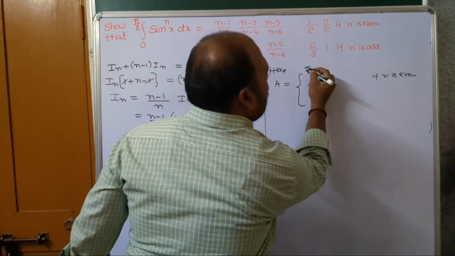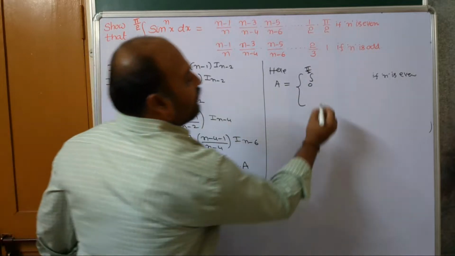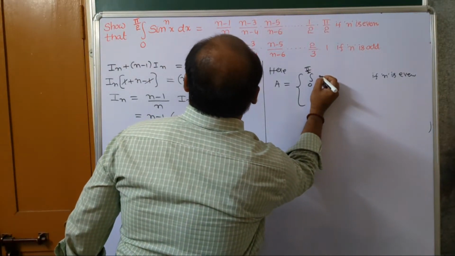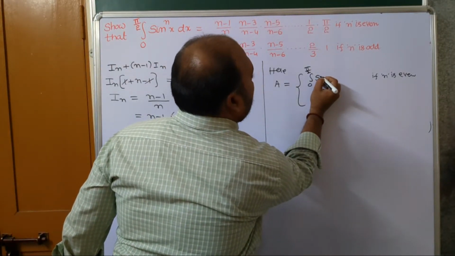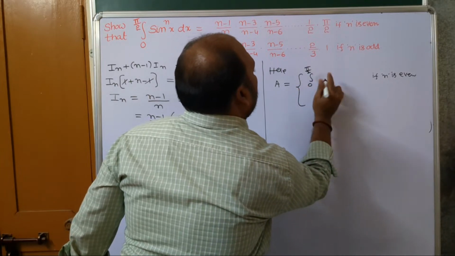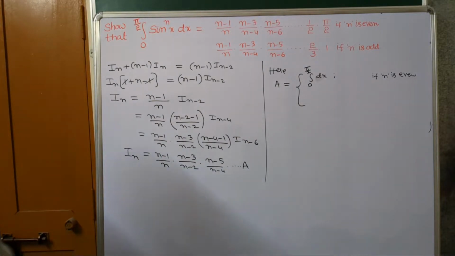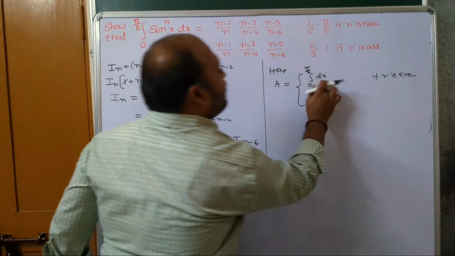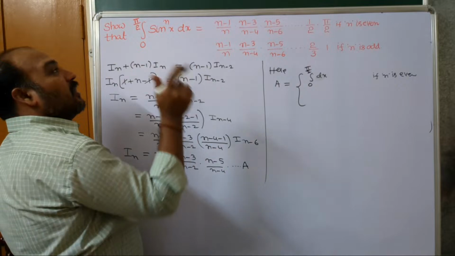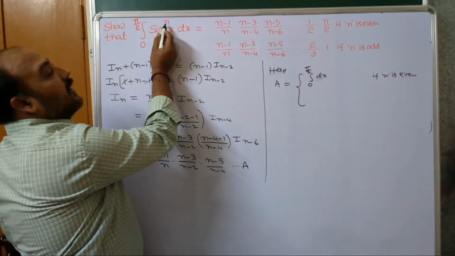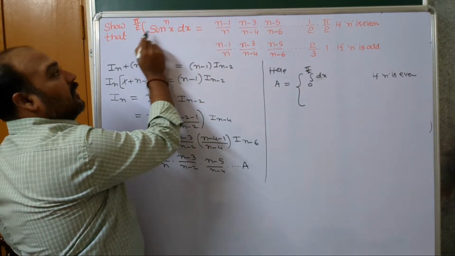So integral 0 to pi by 2, that n is equal to 0 means it becomes sin power 0, just simply writing as dx. Whenever integral dx is x, n is equal to even number. Generally 0 is not an even number, but we can write n is equal to 0 as sin power 0, that is 1. Integral dx is x.